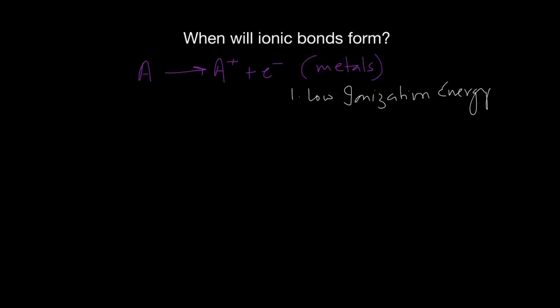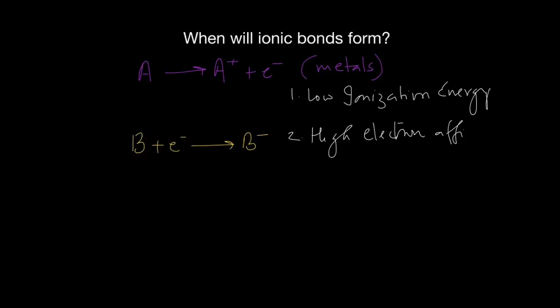We also need somebody to take up that electron. Now for this process to happen easily, the species B should want that electron badly, and therefore it should have high electron affinity.